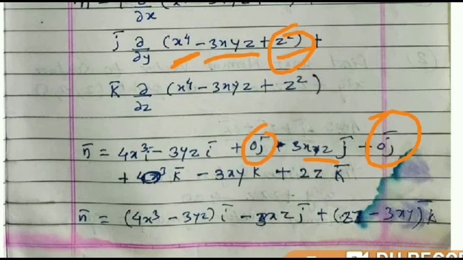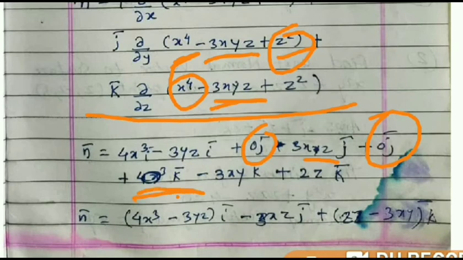Then differentiate with respect to z. For k bar, the derivative of x to the power 4 with respect to z is 0, then with respect to z, minus 3xy, then 2z.